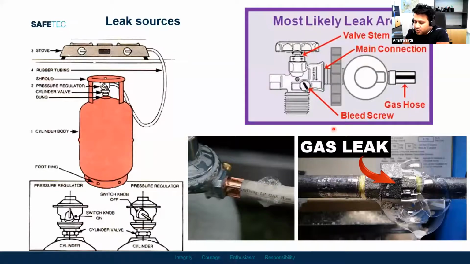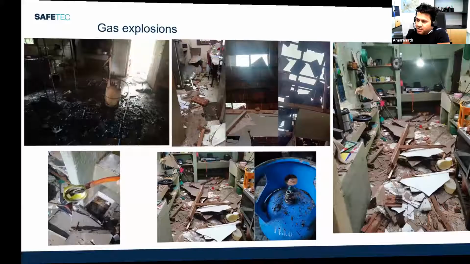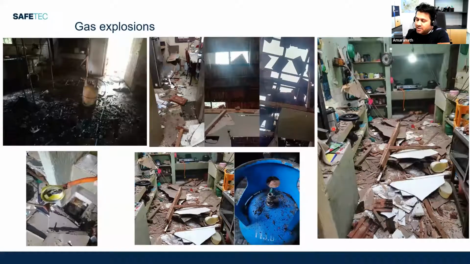This accident could have been avoided by doing a proper study about management of change. If they are planning to change the composition, a proper investigation should have been done to analyze the consequences of the high pressure, what will happen when we increase the pressure from 3.6 to 8.6 bar, and how it will influence the regulator, the rubber hose and also the cooking appliances.